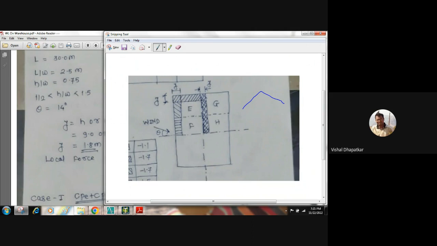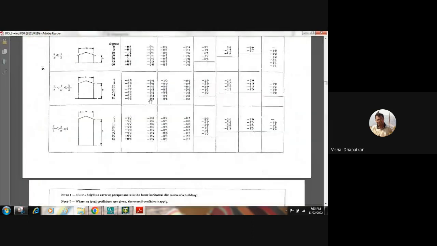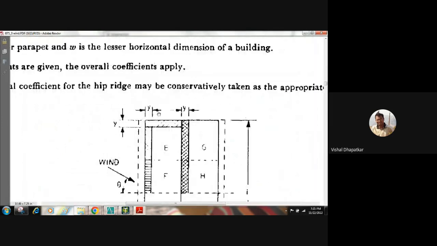So these local force coefficients are calculated for a particular length or width. This is the area where the local force coefficient or local pressure is more as compared to the inside area. That portion will be defined as y equal to h or 0.15 times the width, whichever is lesser.